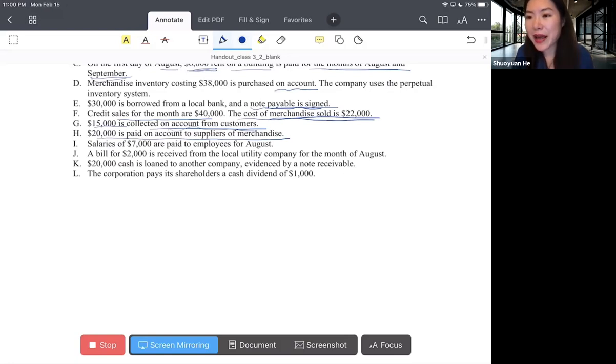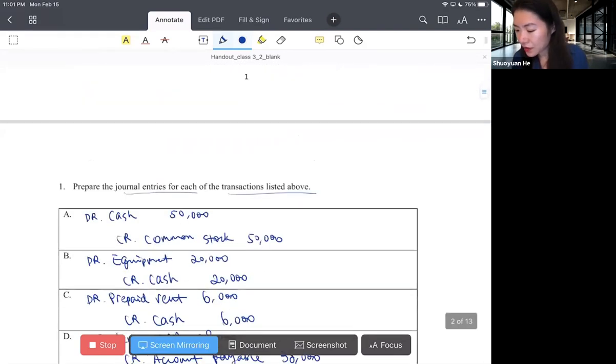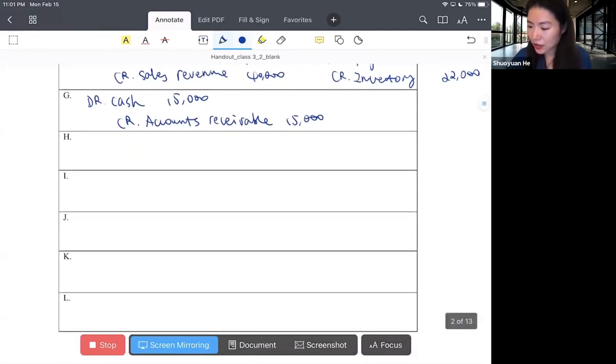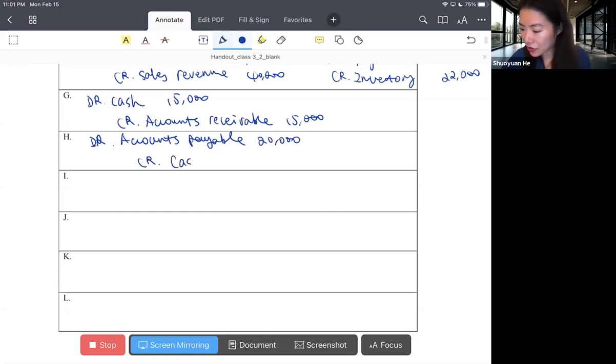However, the company didn't pay it. So the company bought it on account. Now the company is paying it back. So the accounts payable will go down. So number H, debit accounts payable for 20,000, credit cash for 20,000.